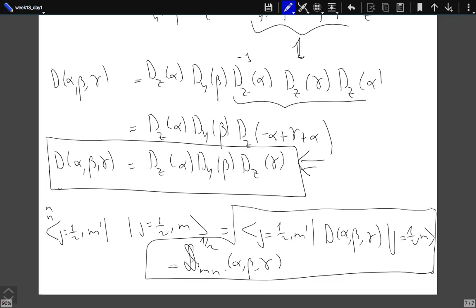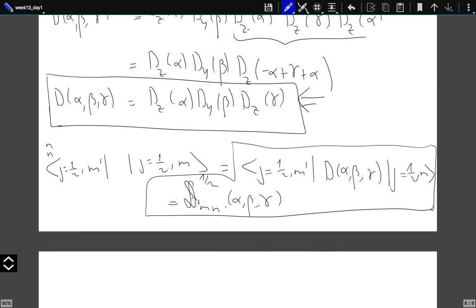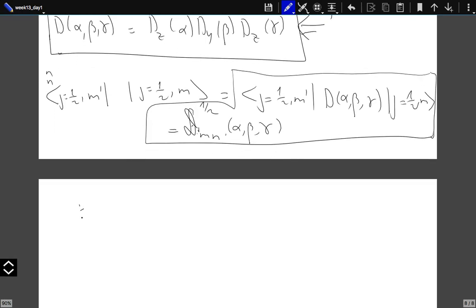Where does the n come from? Which n? Well, you see, so this is, if you act on this with s dot n, what you get is h bar over 2 times m prime.